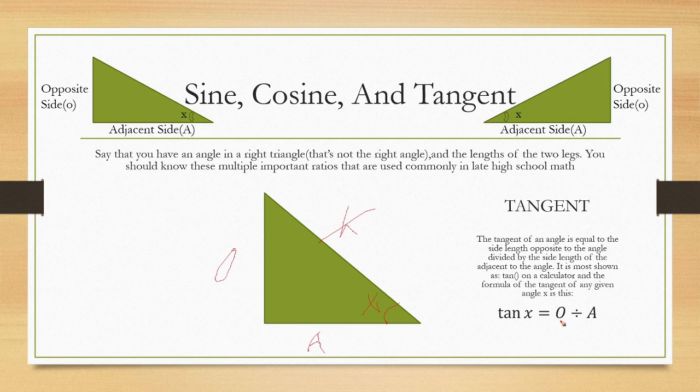And tan is equal to opposite over adjacent. So the tan of x would equal this side length divided by this side length. So if this side length is equal to 3 and this side length is equal to 4, then the tan of x would equal 0.75, because 3 divided by 4 is equal to 0.75.